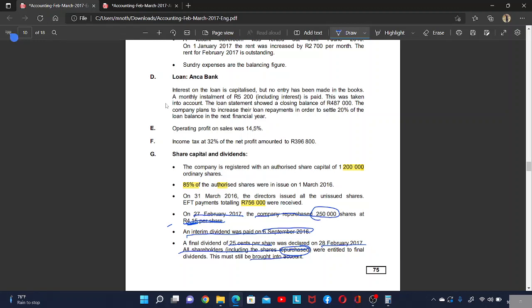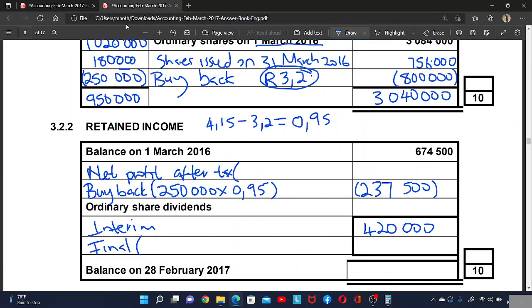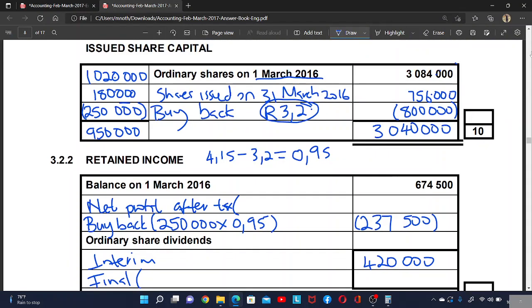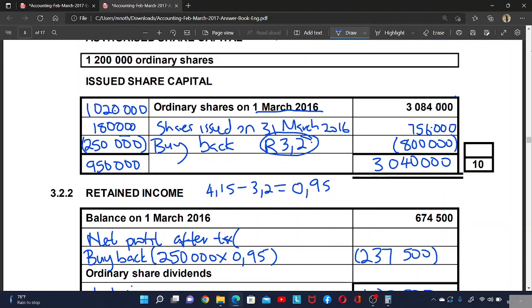They said including the shares repurchased, meaning that we are going to take the shares before there was a buyback. So it is 1,020,000 plus 180,000, which is 1,200,000.